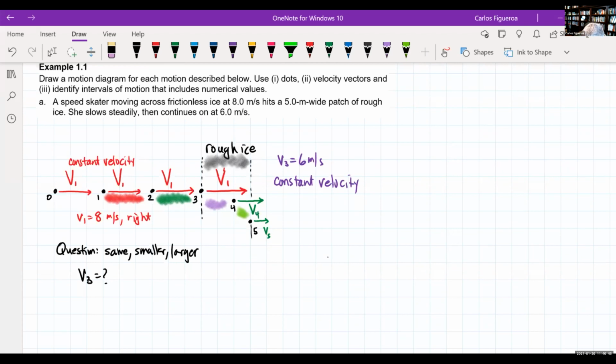So this guy should be V5. At V5, you're going to see here that now I move at constant velocity. So that means that all the dots afterwards here have the same spacing. So now I just continue to move at that same speed at V5. And that's my motion diagram right there.